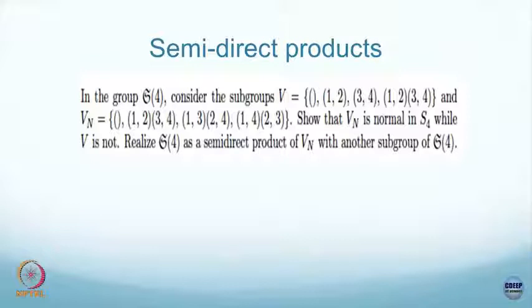If this happens, then you will call V an invariant subgroup, okay. So, you have to check, but I am trying to tell you that if you do this, you will find that this is not satisfied, okay. So, which means V is not an invariant subgroup, okay. Is that clear? V is not an invariant subgroup.